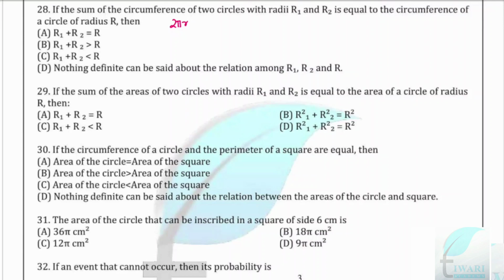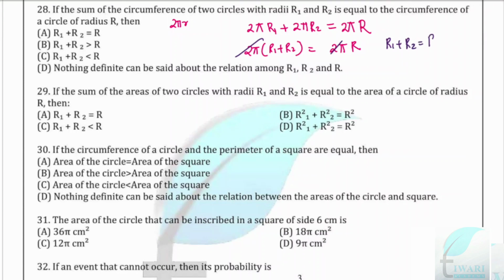So 2 pi r1 plus 2 pi r2 is equals to the circumference of the circle with radius capital R, 2 pi capital R. What is common here is 2 pi, so 2 pi (r1 plus r2) is equals to 2 pi R. So 2 pi and 2 pi will get cancelled, and r1 plus r2 will be equals to capital R. So option A is right.